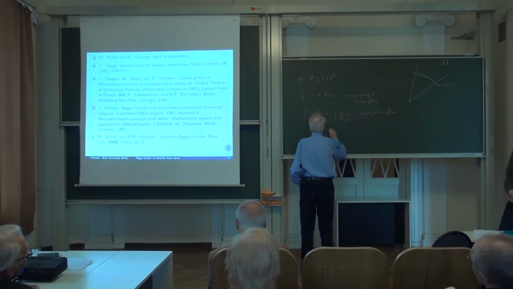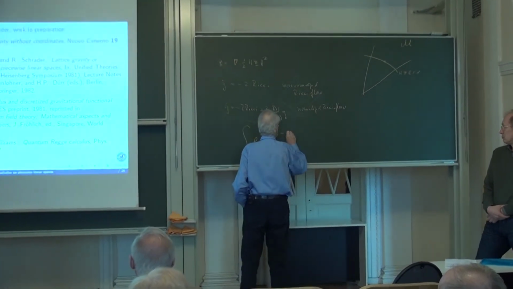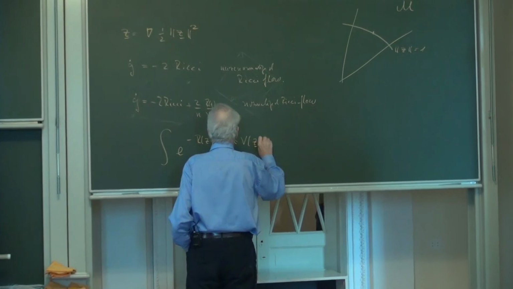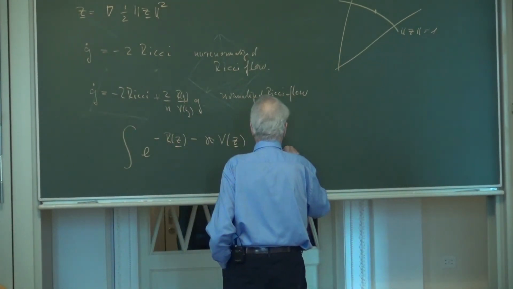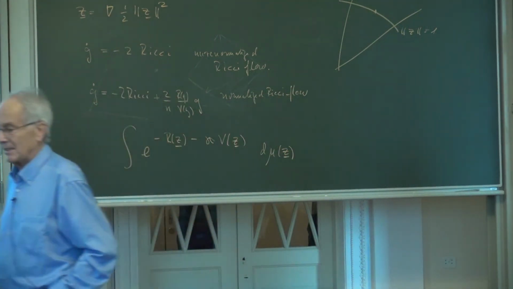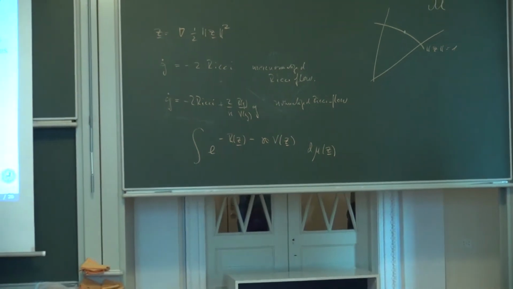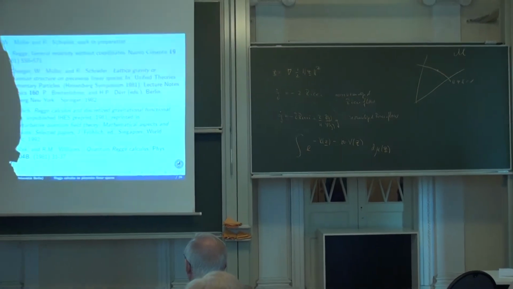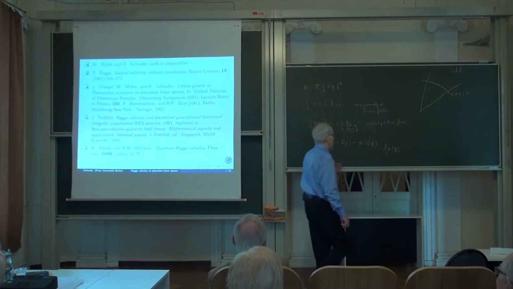is, you have e to the minus R of c, if you want, minus kappa times volume of c, and then you have a measure here, d mu. And the question is, what is this measure? I've been thinking about this for a while, and there is some discussion there.